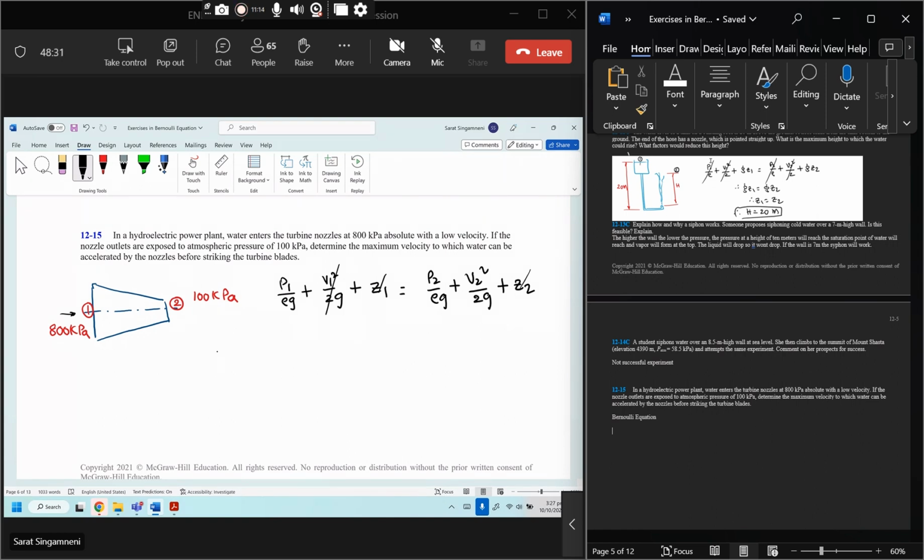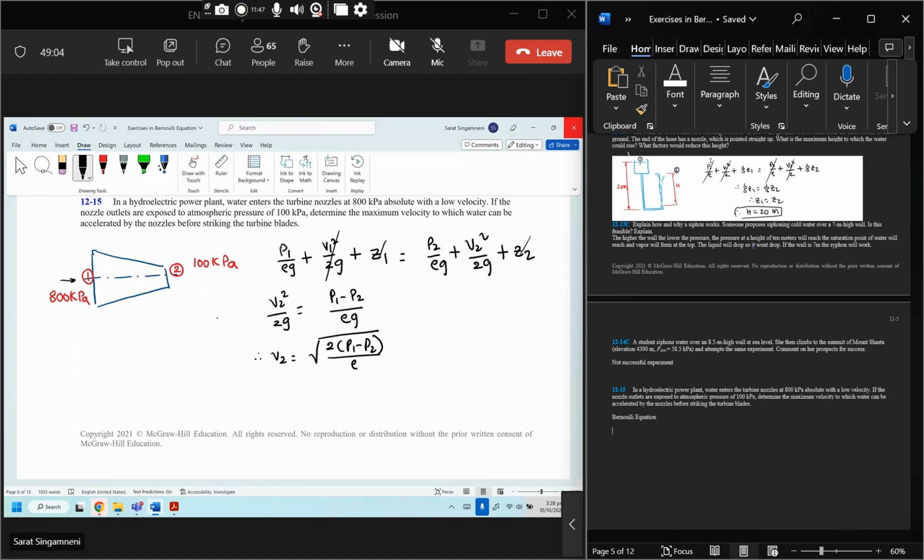And so from this, we can say V2 squared over 2g is equal to (P1 minus P2) over rho g. So we can cancel that g on either side, and we can say, therefore, V2 is equal to the square root of 2 times (P1 minus P2) divided by rho. g is cancelled because it's on either side.